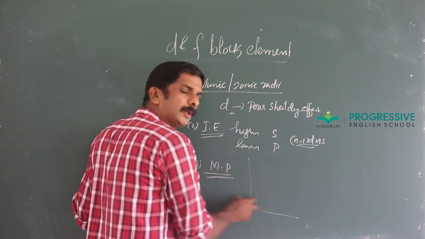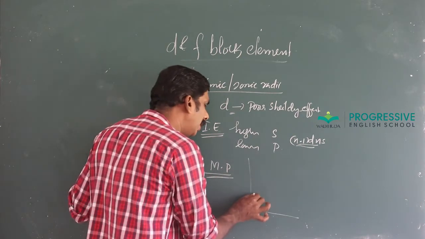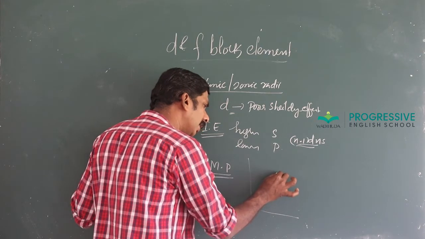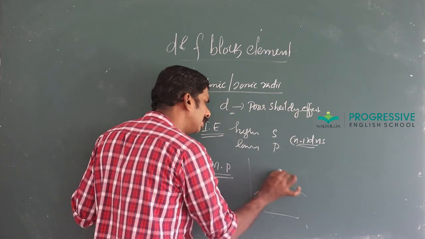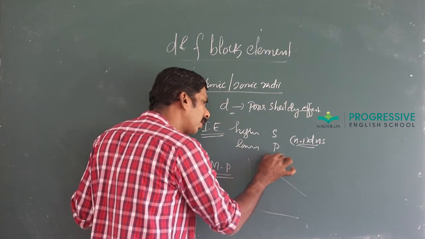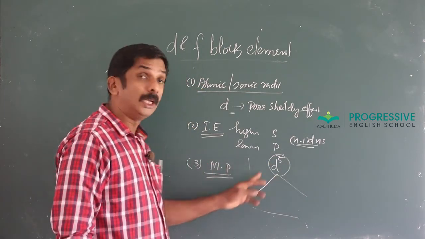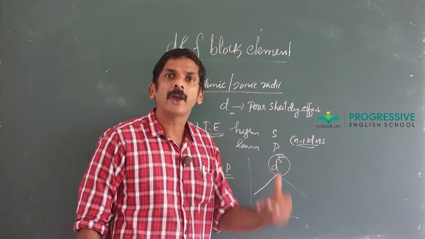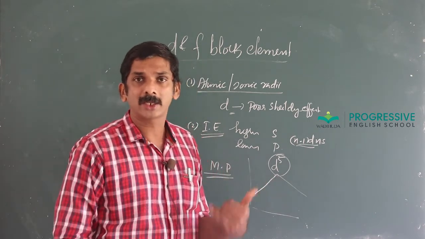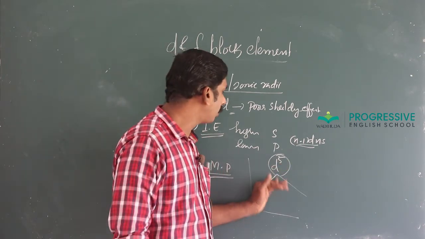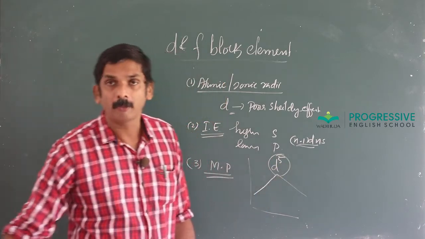There is a graph shown in our textbook that the melting point goes on increasing, and after that it decreases. It is maximum for elements with the d5 configuration. D5 means half-filled stability or extra stability. Such metals possess the maximum melting and boiling points.